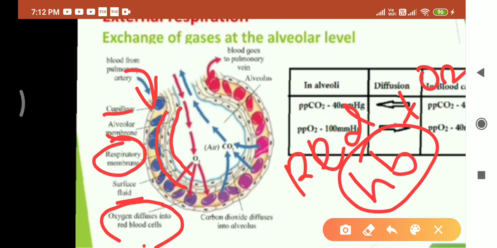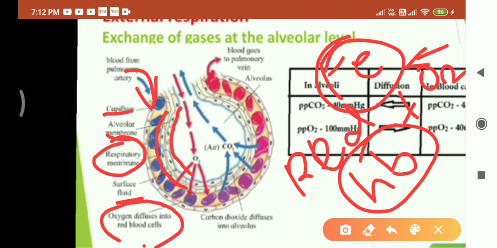So only the RBCs, not the WBCs or platelets or the other cells present in blood, have hemoglobin. The word hemo is related to Fe, iron, and this iron has the capacity to trap or hold oxygen.